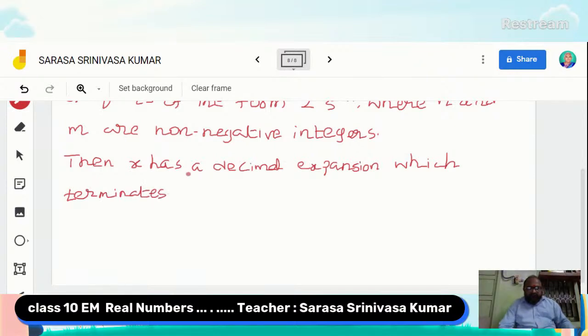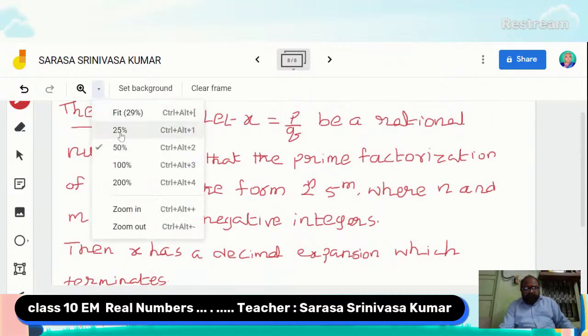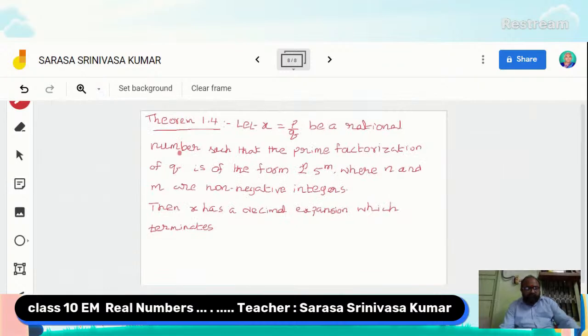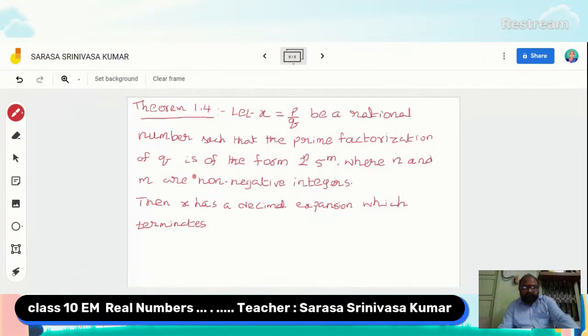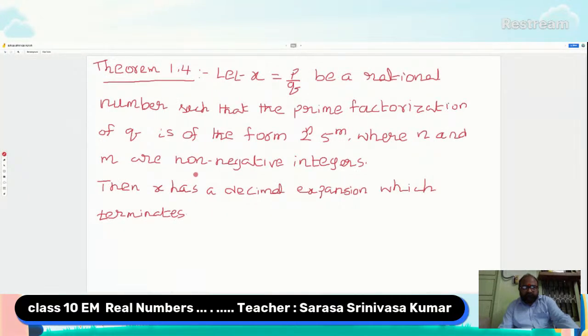So we have already considered several examples to understand this. A number x is given in p by q form. When a number can be expressed in p by q form, it is a rational number.